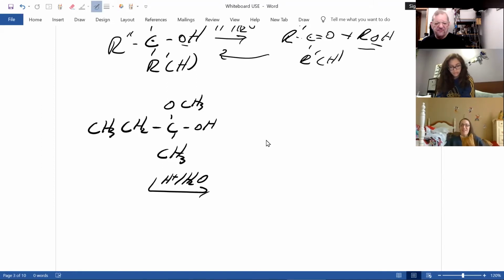What's different? Hydroxyl group. One oxygen, two oxygens, single bonds to the same carbon, with carbons here and here. This is a hemiacetal, or in this case, hemiketal.